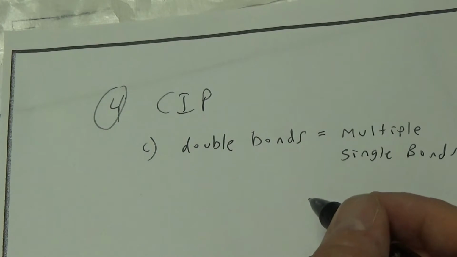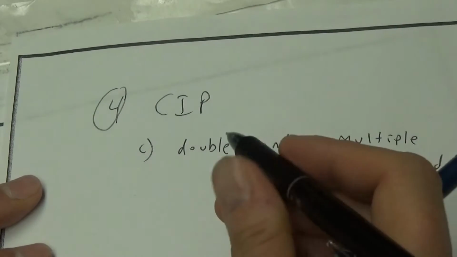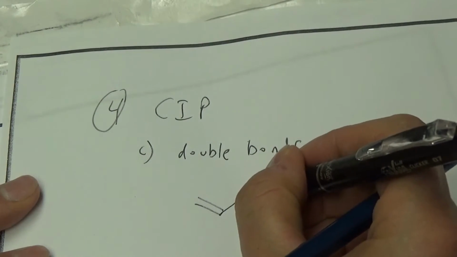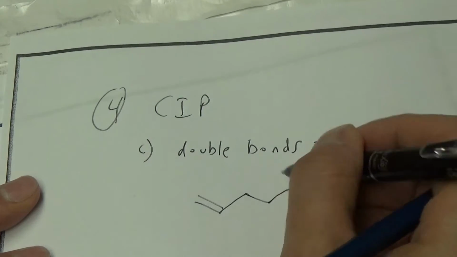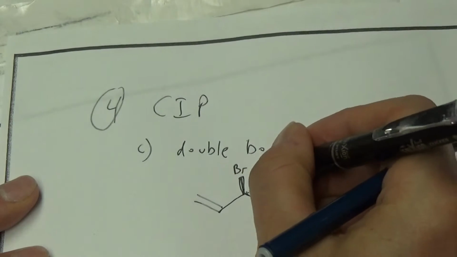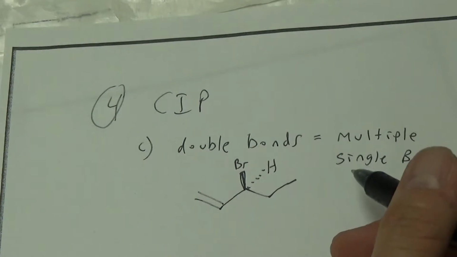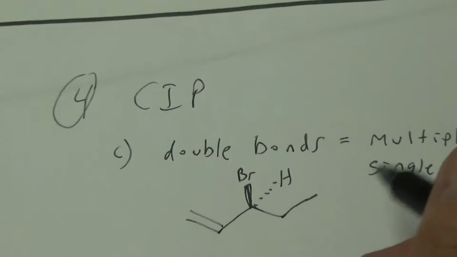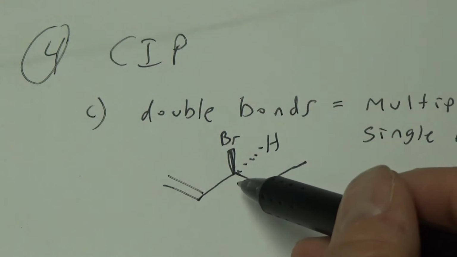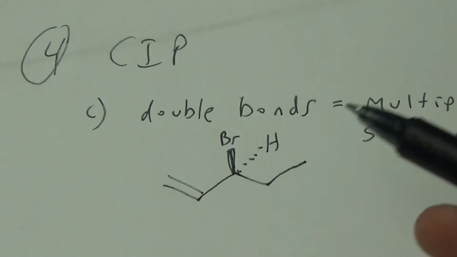So let's see an example. Okay, this is a very simple example. All right, so here's the A. Off the carbon, here's the A. Because we have a couple carbons, we have an H. A is Br, right?